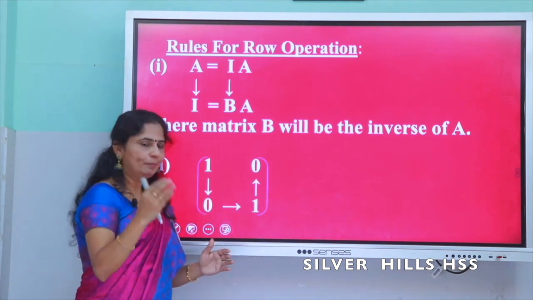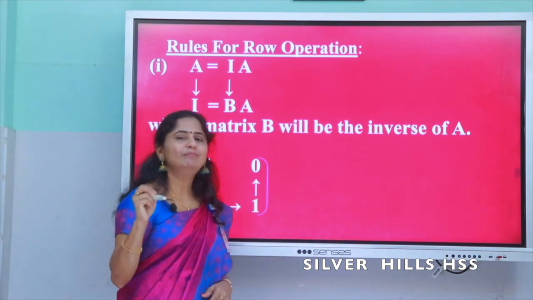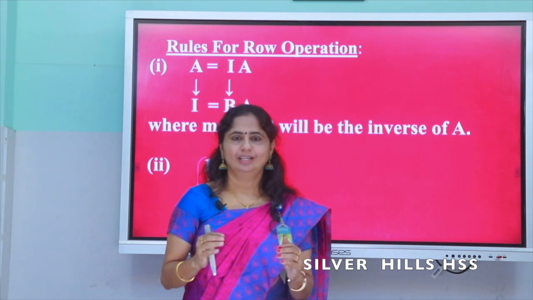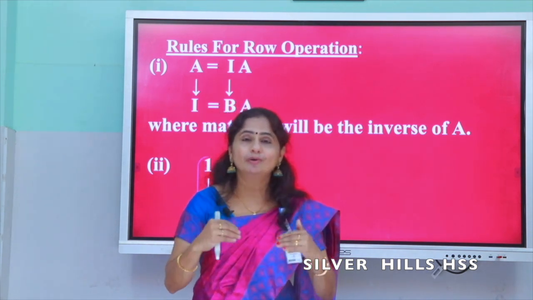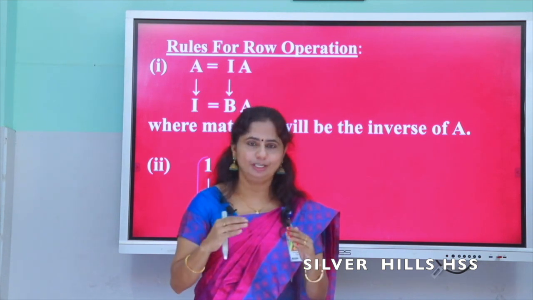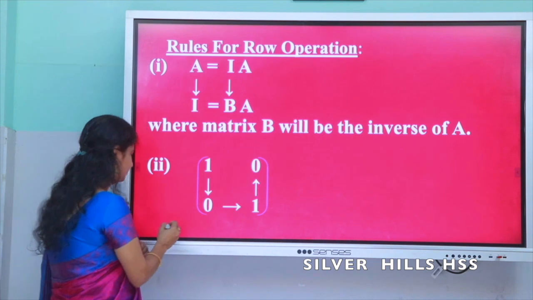So for row operation, complete the first column, then come to the second column. We can remember the U shape. The identity matrix 1, 0, 0, 1 should be brought in the form of a U shape in order to get the inverse of the matrix.